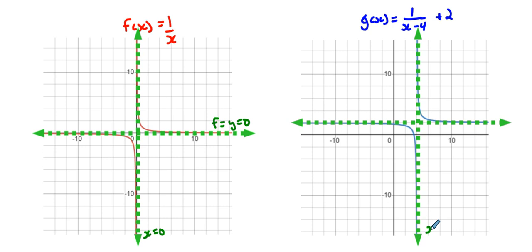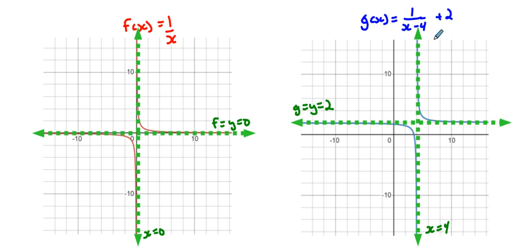So this is my x equals 4 line. Notice the grids here go up by 2's. Along this axis here, this is my y equals, or g equals in this case, 2 line. So I have asymptotes along g equals 2, and I have an asymptote along x equals 4.